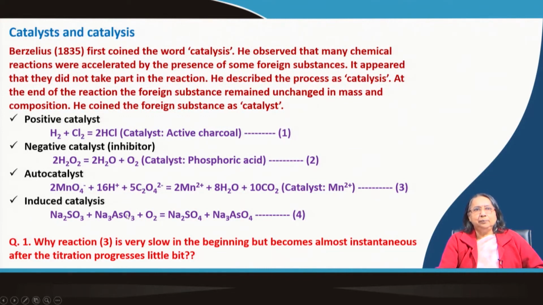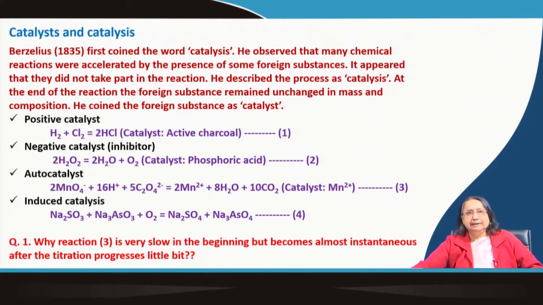But if you add sodium sulphite, which is also oxidized to sodium sulphate, you will see that the reaction occurs. So, that means it is induced catalysis. You have induced some catalytic reaction. So, there are different types of catalysts and catalytic reactions.